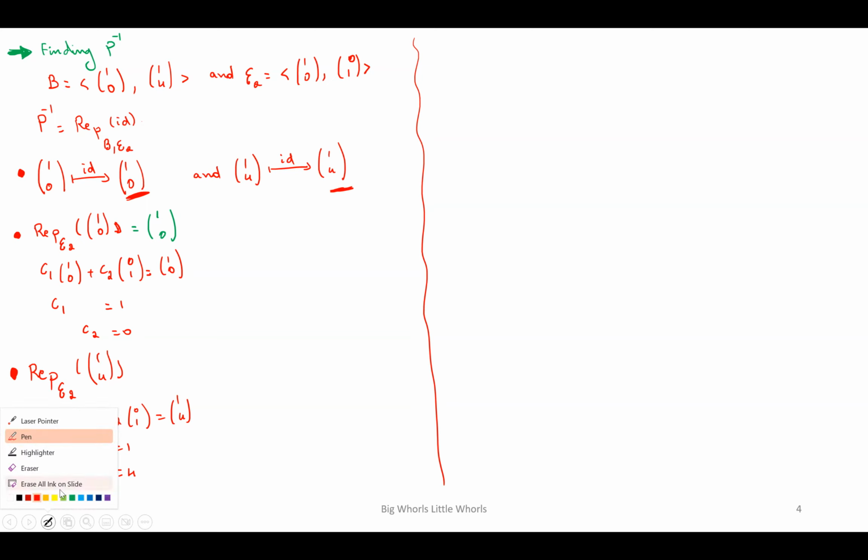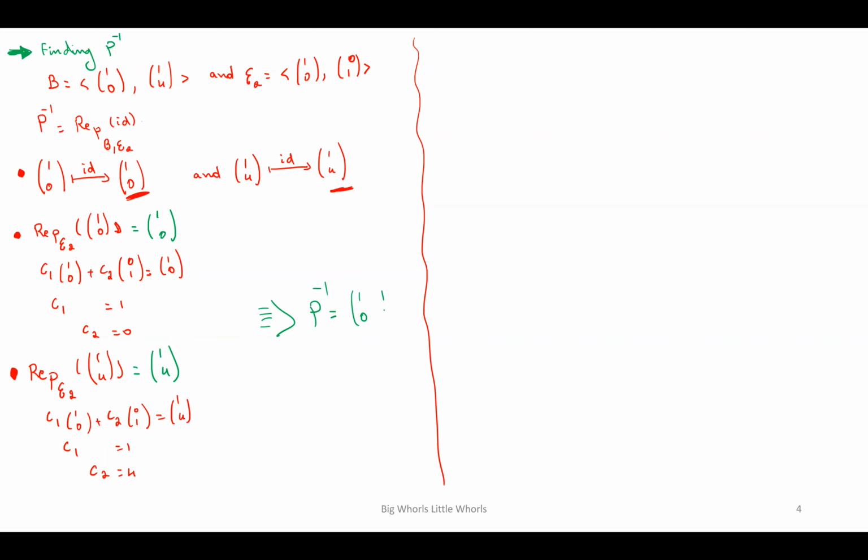So here we have it, (1, 4). Therefore, P inverse, let me write it here. That means P inverse equals [1, 0; 1, 4]. That's how easy it is.